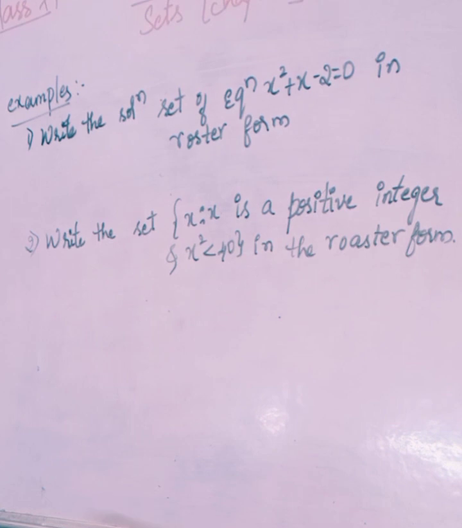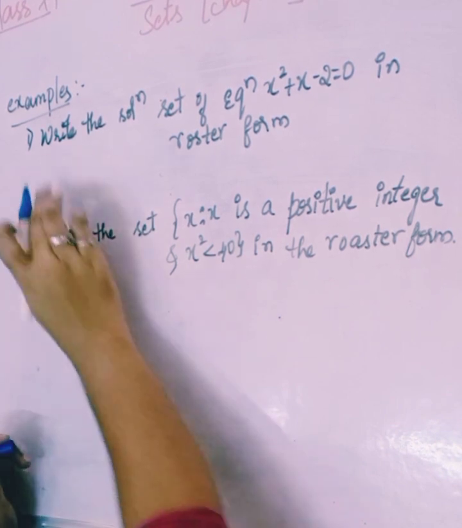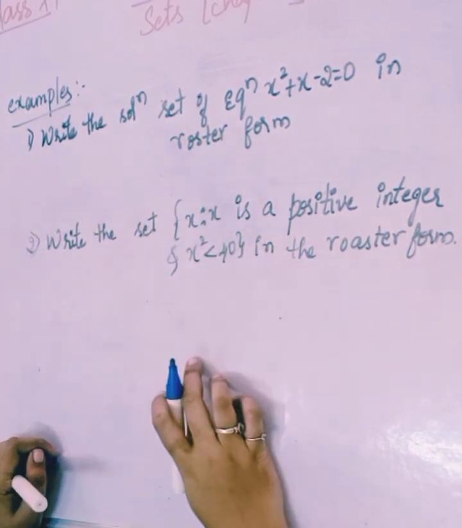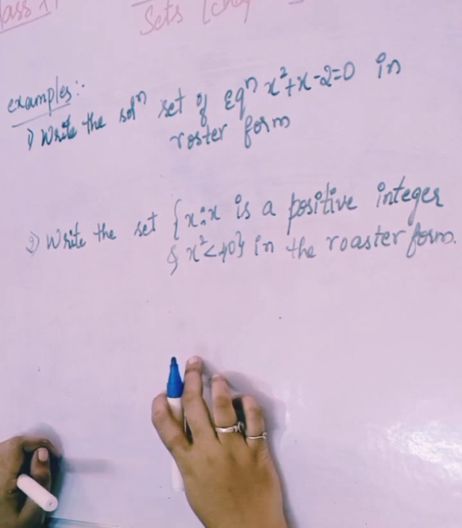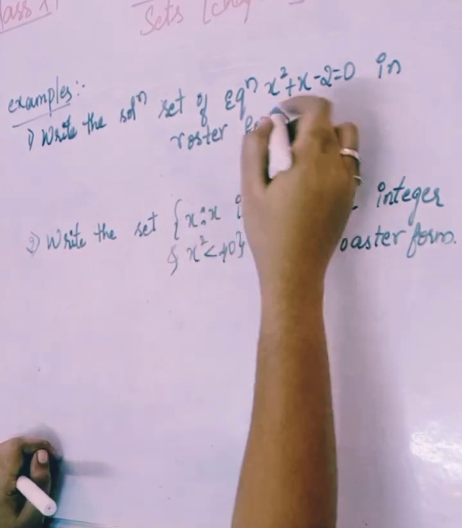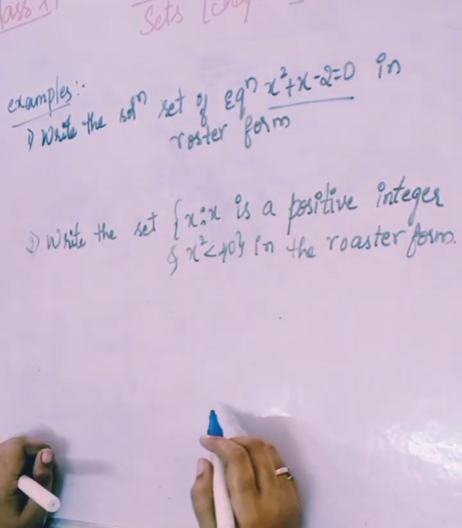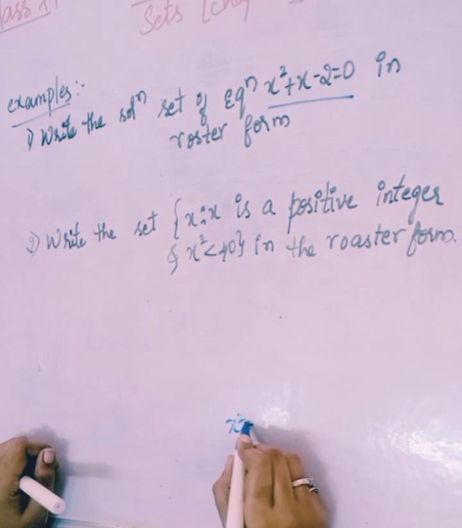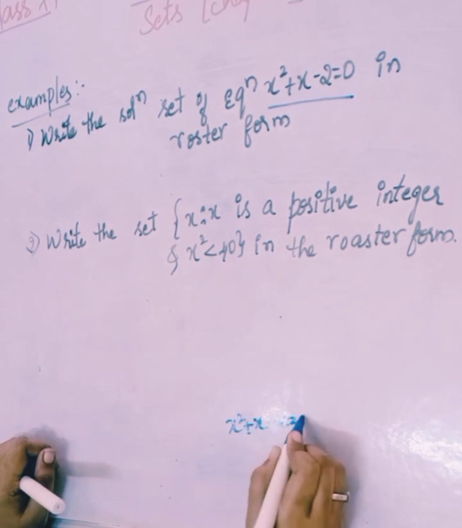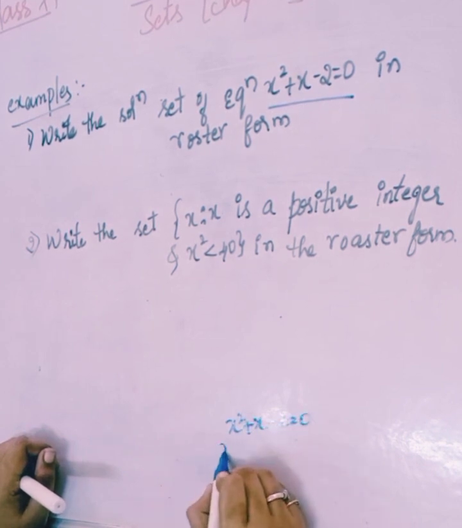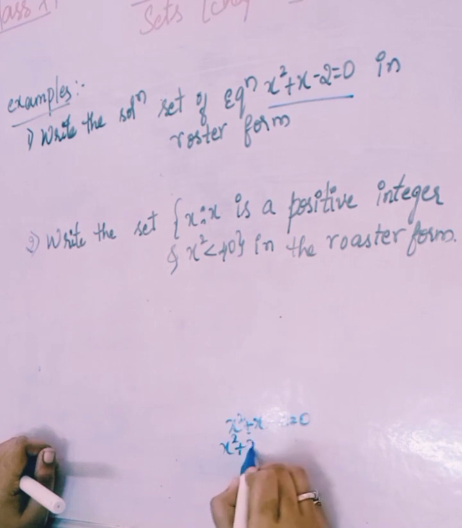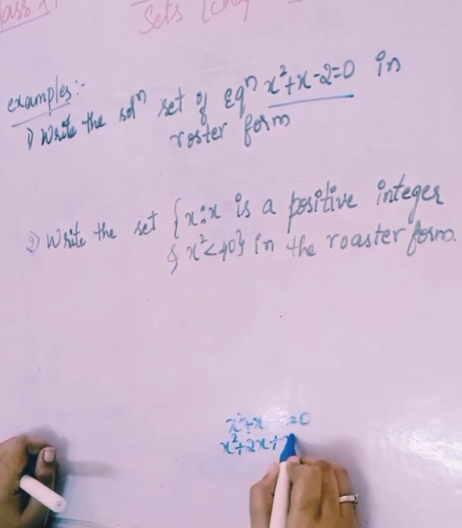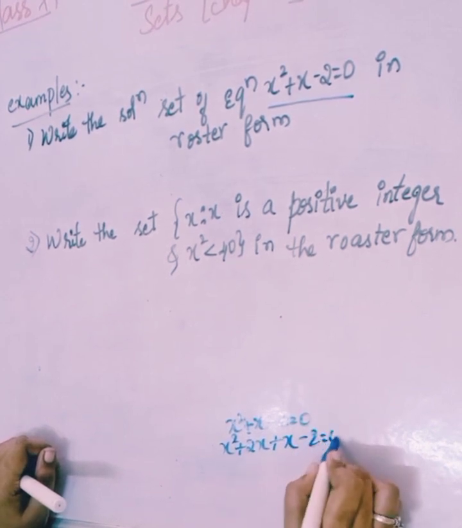Here we have two examples. The first one: write the set of the equation x square plus x minus 2 is equal to 0 in roster form. Everyone knows how to simplify x square plus x minus 2. So now I'll simplify here. x square plus x minus 2 is equal to 0. So we'll get x square plus 2x minus x minus 2 is equal to 0.